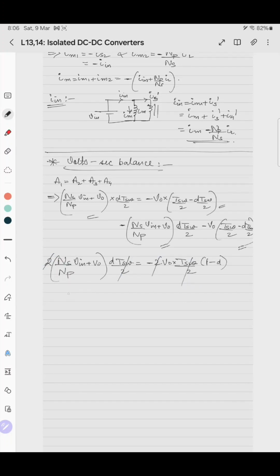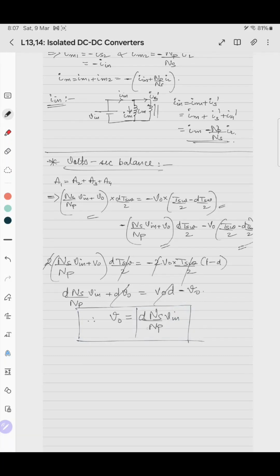So it will be D Ns by Np V in plus D V naught equals, minus sign is there, so V naught into D minus V naught. So D into V naught gets cancelled, therefore V naught becomes D into Ns by Np into V in.